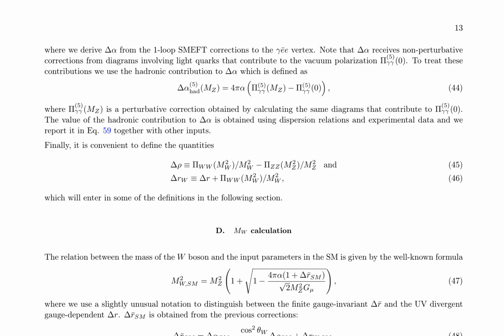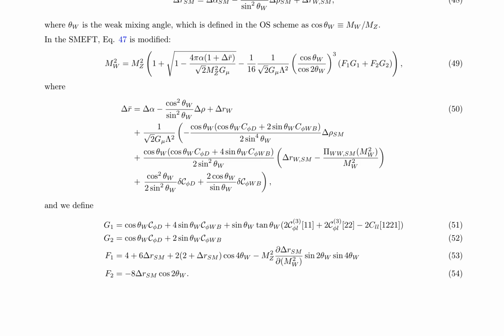At next to leading order, NLO, the mass of the W boson is calculated as M_W,NLO equals the square root of M_W squared SM plus 1/(16 pi squared) G_F M_W squared EFT, H_Q, where H_Q is a function of M_W squared SM and M_W squared EFT.